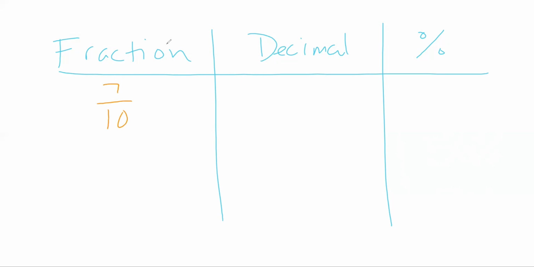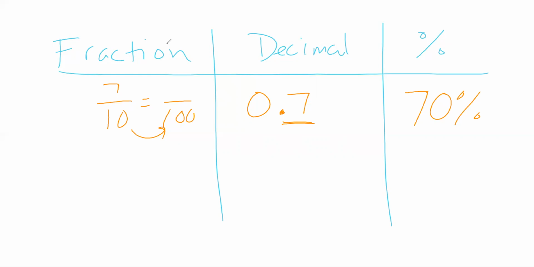Well, 7/10 as a decimal looks like a 7 in the tenths place. And what does that look like as a percentage? Well, one of the tricks was I could look at this out of 100, make an equivalent fraction, or I could literally just look at my decimal, ignore that decimal point, and realize that this is a 7 in the tenths place, so that would equal 70%.